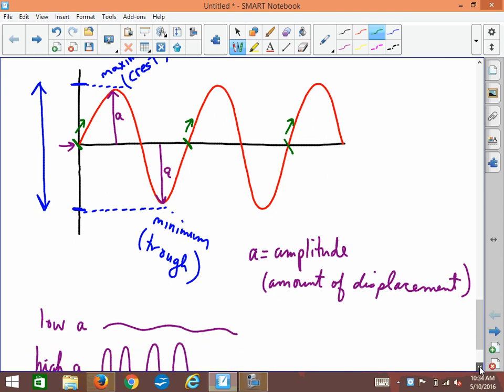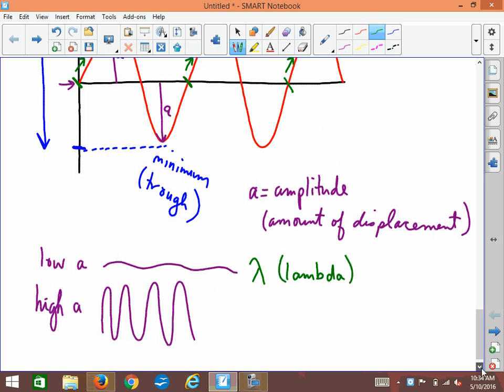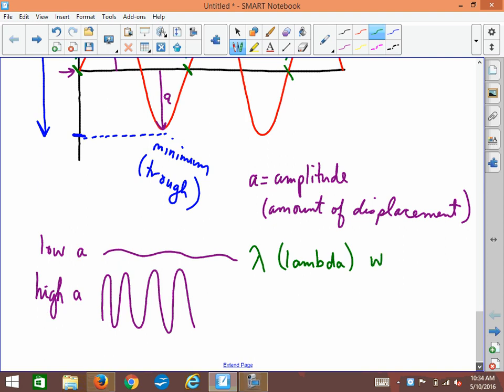Okay? And the wavelength is used, L is already used for so many things, so we use a Greek L, which is a lambda, which looks like this, and it's spelt like a little, Mary had a little lambda, with a B in it, because it's Greek. It stands for the wavelength, and it's the length, it's actually measured in meters, it's a length, but it's a special length. It's the length of the repeating unit.